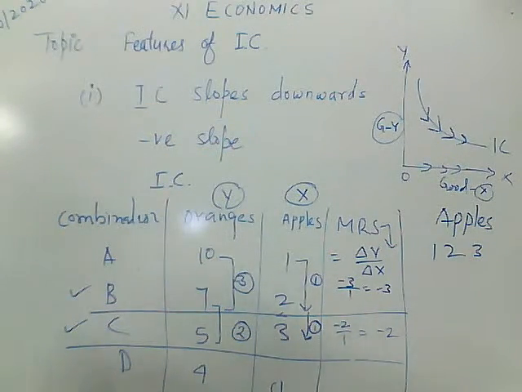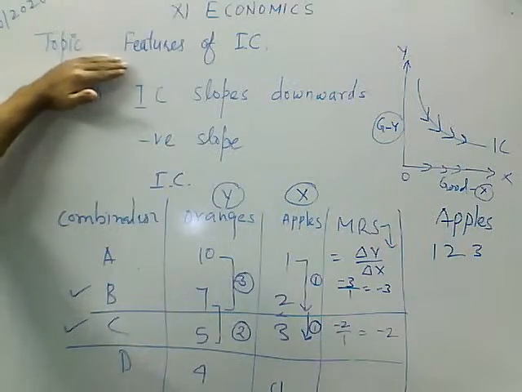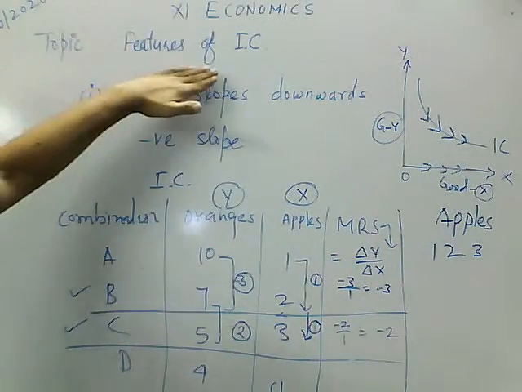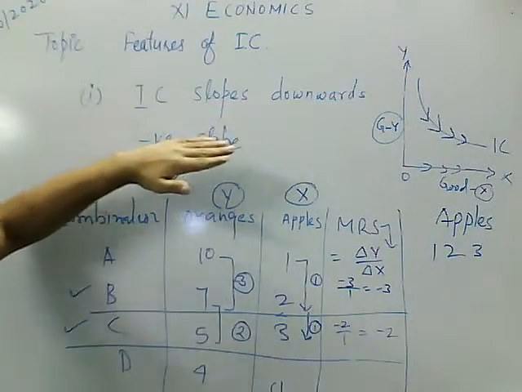Okay, understood? So the first feature of the indifference curve is that it slopes downward.